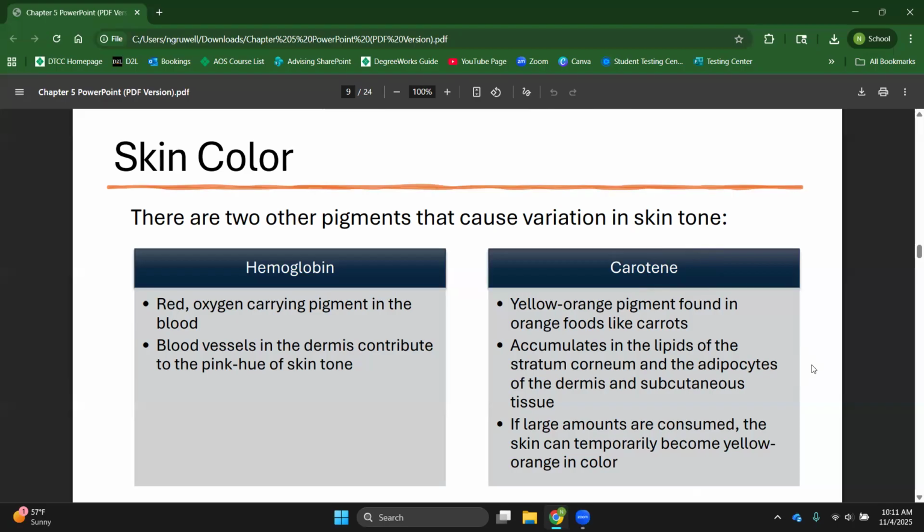If you eat a whole lot of carrots or foods that contain carotene, you can have a temporary increased look of yellow and orange, but we're talking about large amounts, not you had some carrots as a snack and you turned orange.